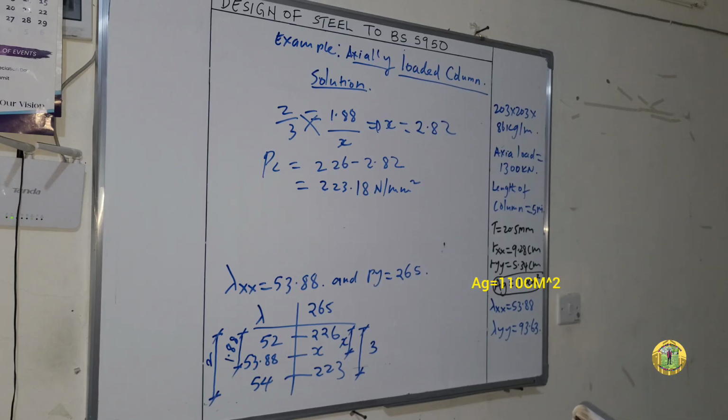We now proceed to buckling about the y axis. We will use table 27C.